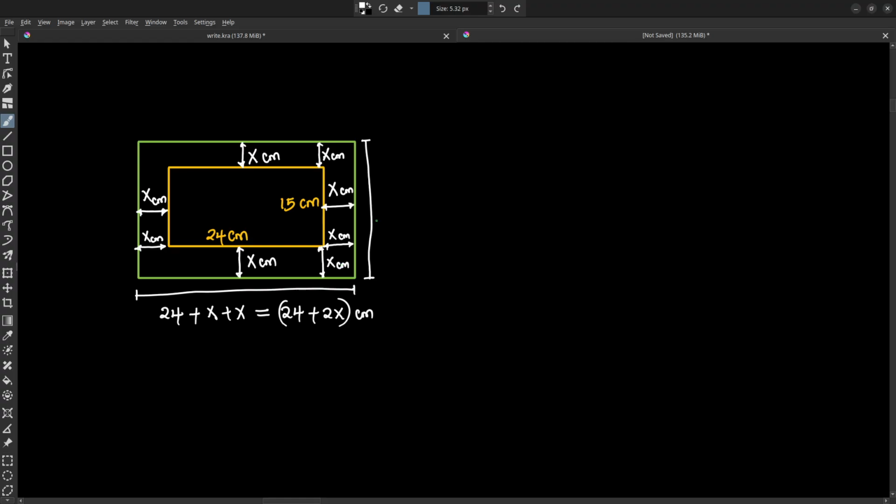So the width of the frame is 15 plus the first x plus the second x, which is 15 plus 2x centimeters. Nice. So we have now expressed the length and the width of the frame in terms of x.